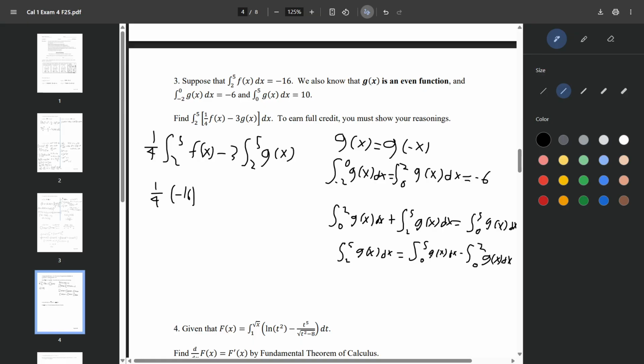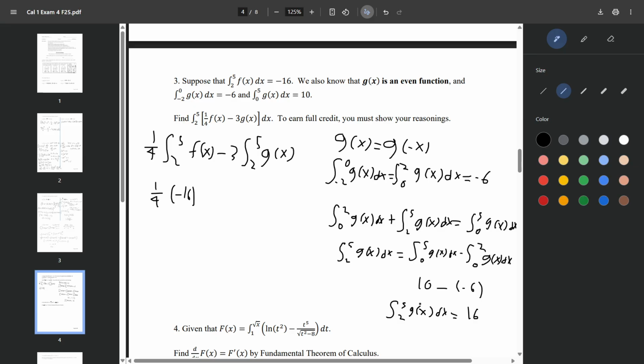And so our 0 to 5 is going to be 10, and our integral from 0 to 2 is going to be -6. So when we add those together, the integral from 2 to 5 of g(x) dx equals 16.